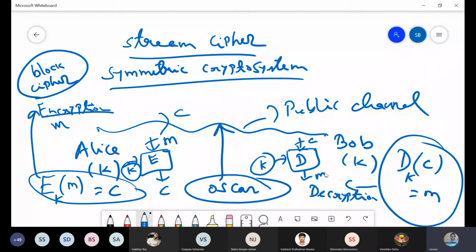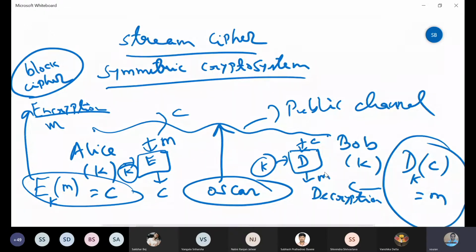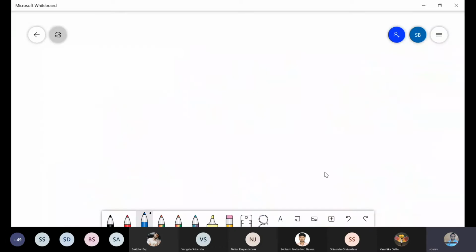Another primitive is the stream cipher, which we'll discuss now: how using the stream cipher we can do this encryption and decryption business, where both of us have the same key.